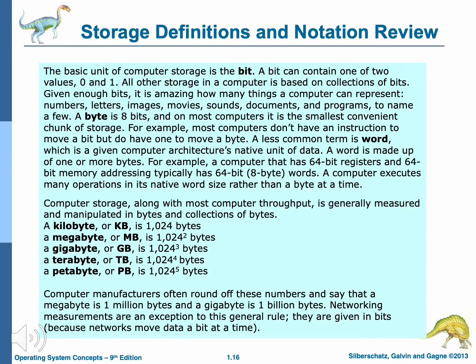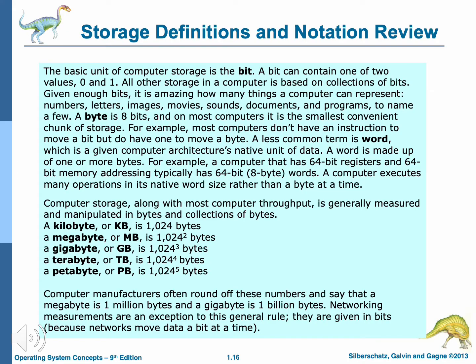A kilobyte or KB is 1024 bytes. A megabyte or MB is 1024 raised to the power 2 bytes. A gigabyte or GB is 1024 raised to the power 3 bytes.